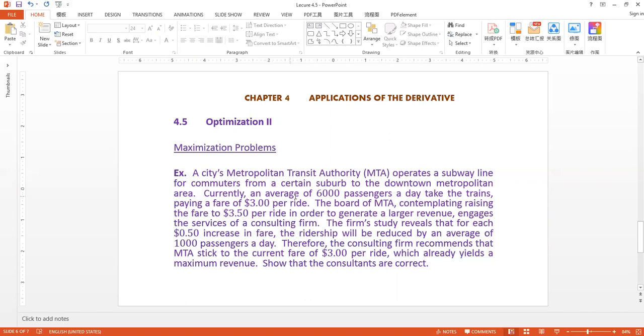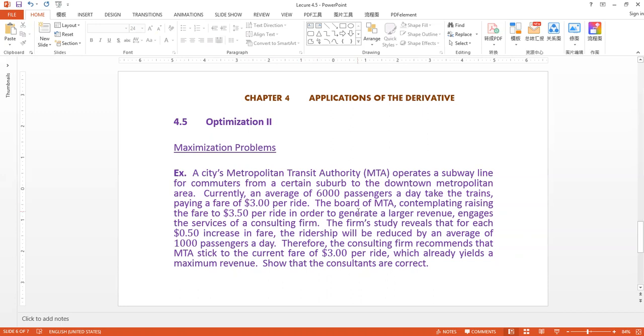Currently, an average of 6,000 passengers a day take the trains, paying a fare of $3 per ride. So you've got 6,000 passengers per day, and everybody just pays $3 for the ticket.